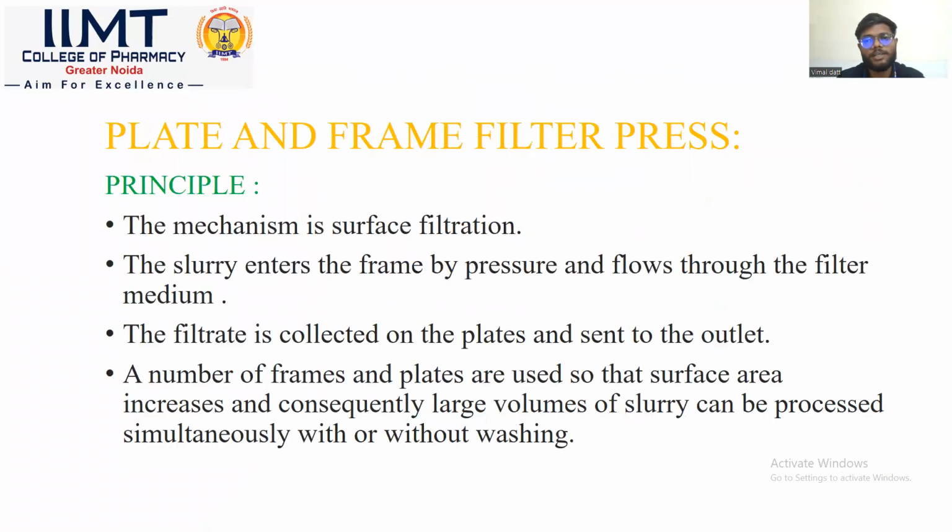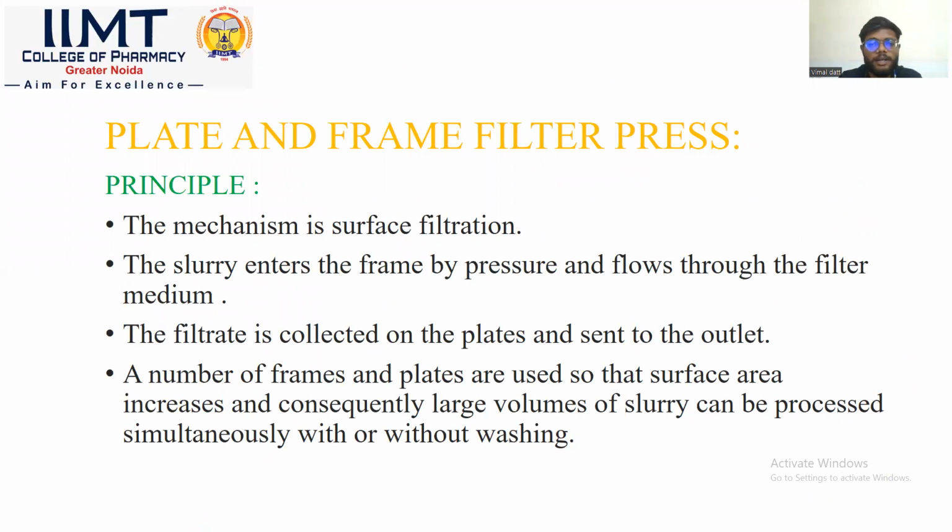Plate and frame filter press. The principle of this process is the mechanism of surface filtration. Slurry enters the frame by pressure and flows through the filter medium. The filtrate is collected on the plates and sent to the outlet.